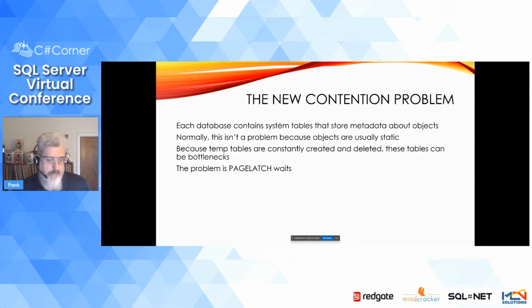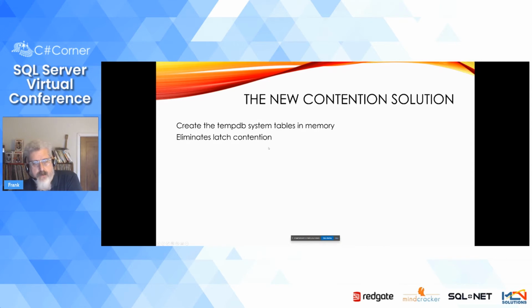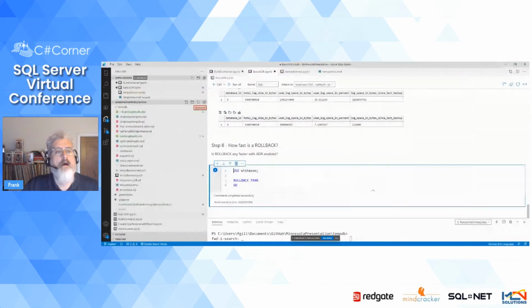The problem here is page latch waits, and once I kick off my demo, I'll explain a little bit more about what page latch waits are. But the solution to this problem is to put those tempdb system tables into memory. What this does is eliminate latch contention, and I'll explain how it does that using in-memory while I'm running the demo, which I will jump to now.